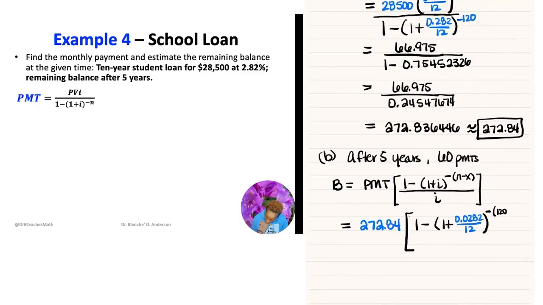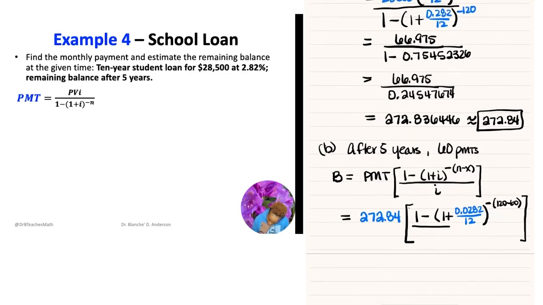So 120 minus 60, okay? I know I'm running out of room. And that divided by 0.0282 divided by 12, okay? So we plugged everything in that we see here. You have the payment, the I, and then the N and the X, okay?